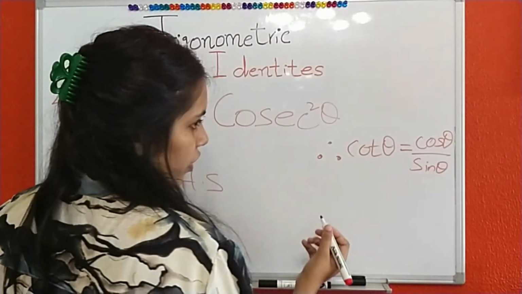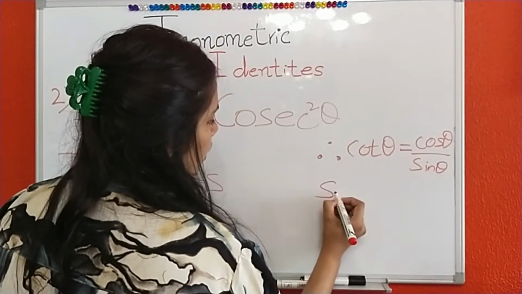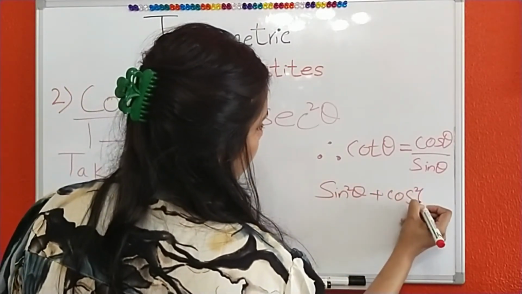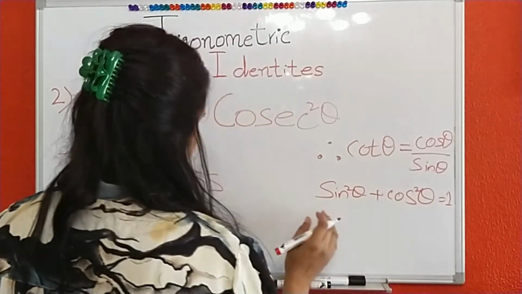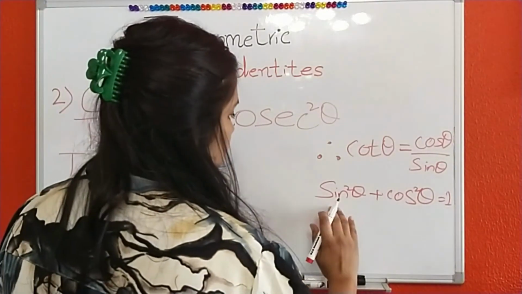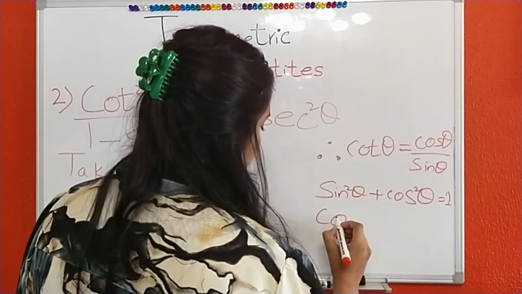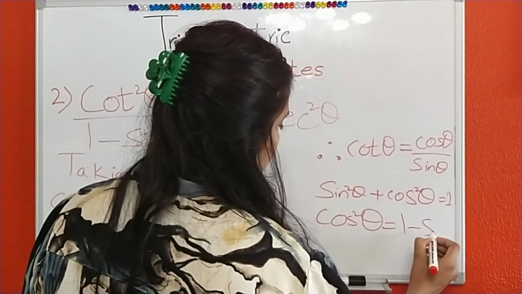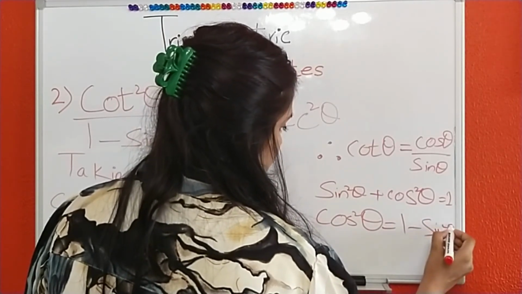I am using the first Pythagoras identity, sin² of theta plus cos² of theta is equal to 1. But here I need to know what 1 minus sin² theta is equal to, so I am just shifting the sign. So cos² theta is equal to 1 minus sin² theta.